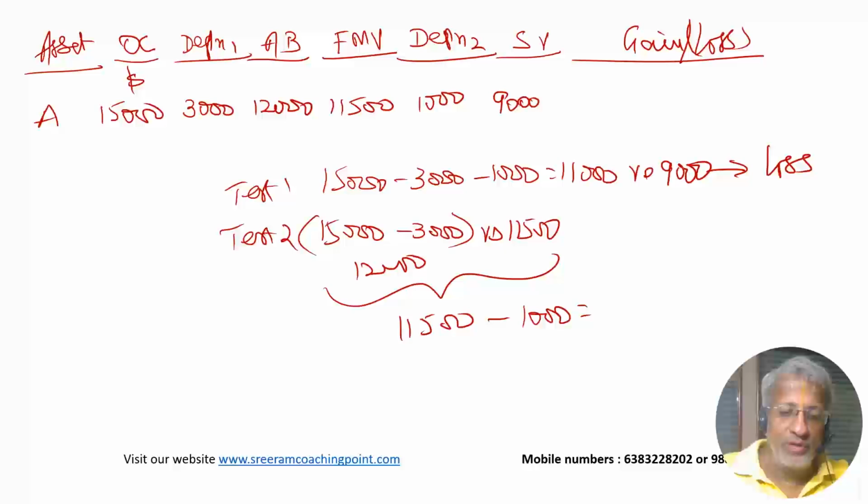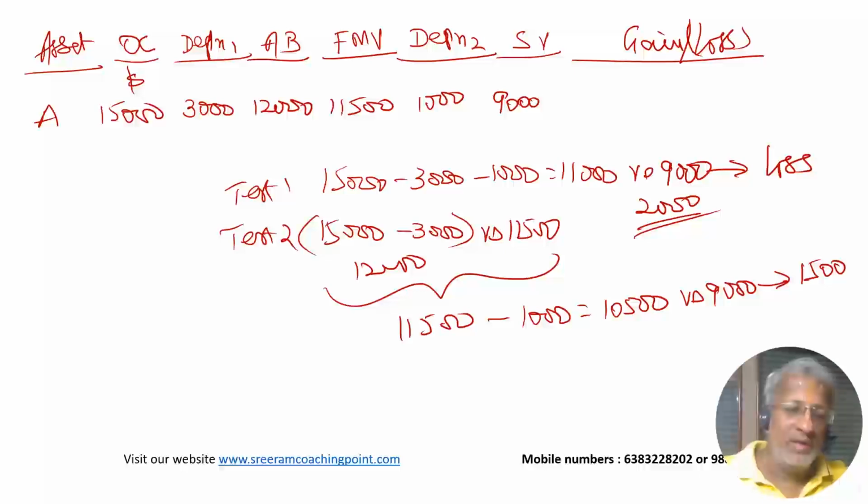Now it is going to be 10,500. 10,500 is to be compared with 9,000, and thereby the loss is ultimately booked at 1,500 and not 2,000. It may be 2,000 initially because of the difference between the adjusted basis and fair market value. That amount of change also impacts the ultimate loss.